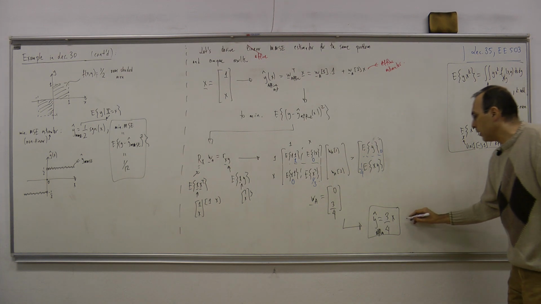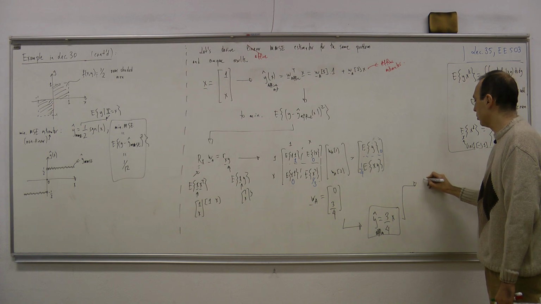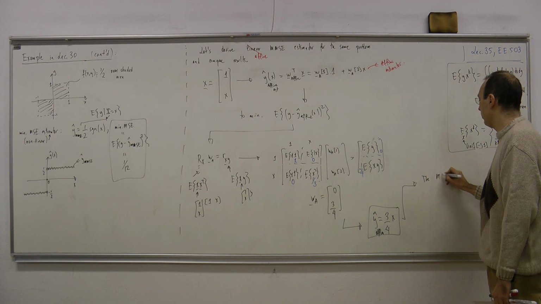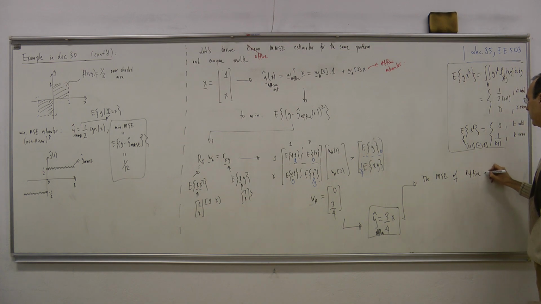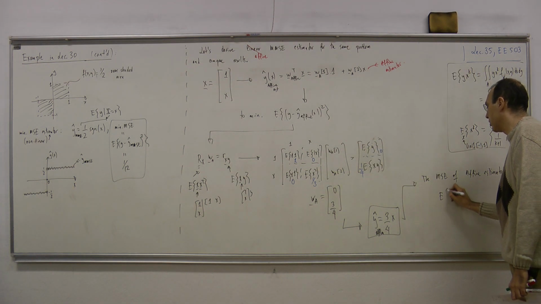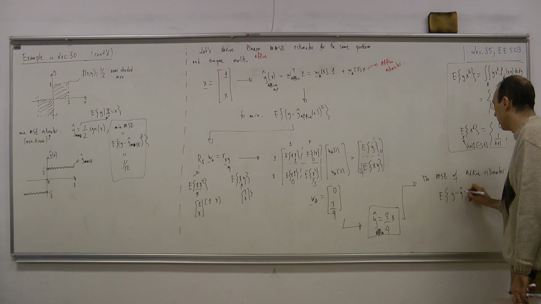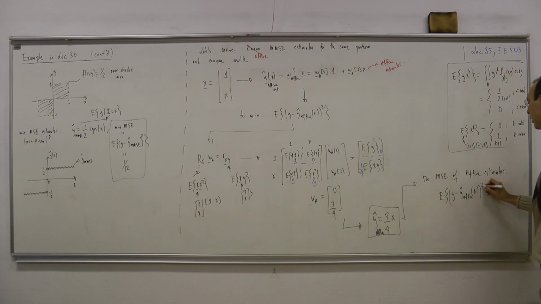Okay, then let me calculate the MSE. So the mean square error of the affine estimator. Okay, so it is this value. So this is expected value of y minus affine of this, in parentheses, square.